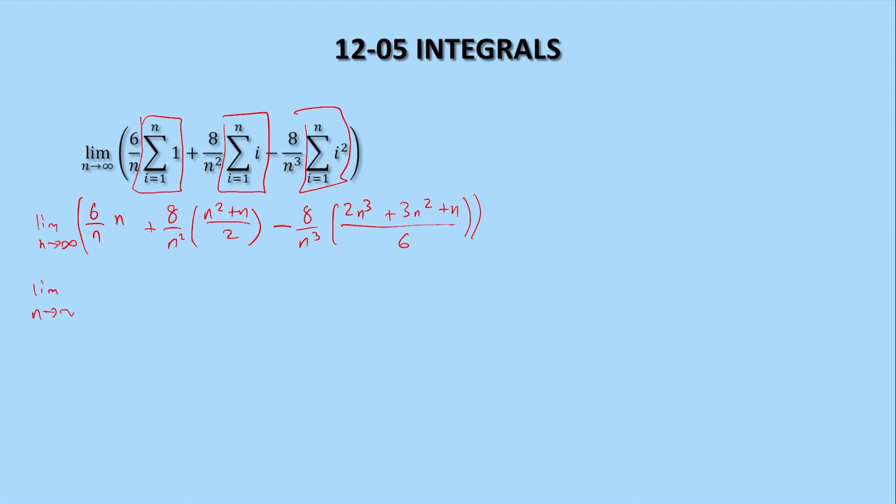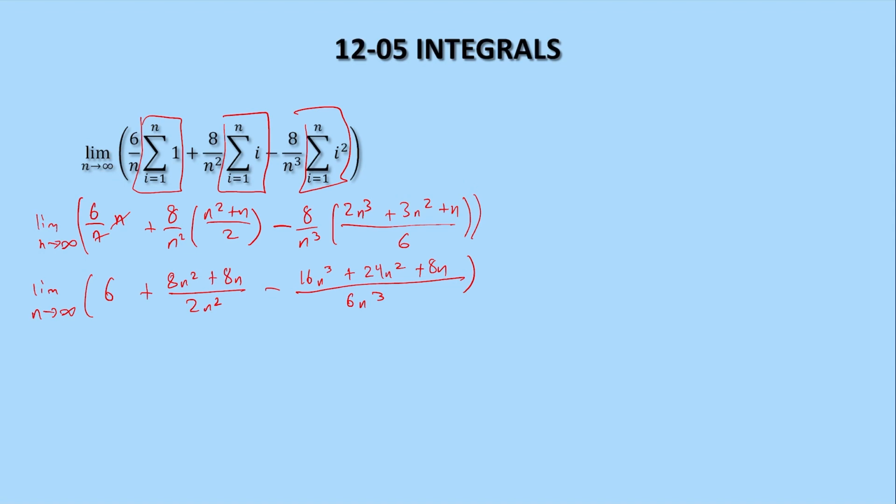Could simplify each of those. So it'll be 6. This will be 8n squared plus 8n over 2n squared. And then we'd have 16n cubed plus 24n squared plus 8n over 6n cubed.